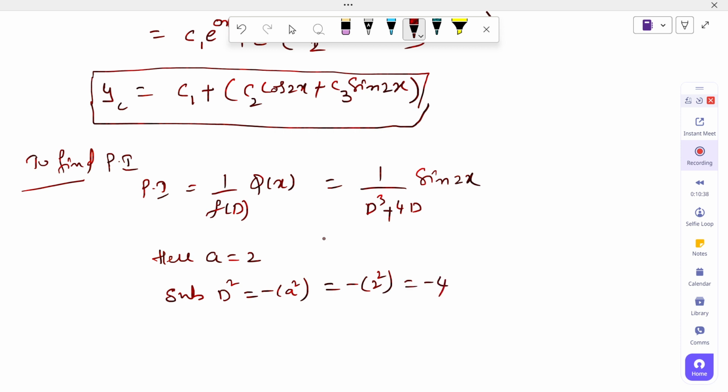So it is equal to 1 divided by (minus 4D plus 4D) into sine 2x. What is happening here?